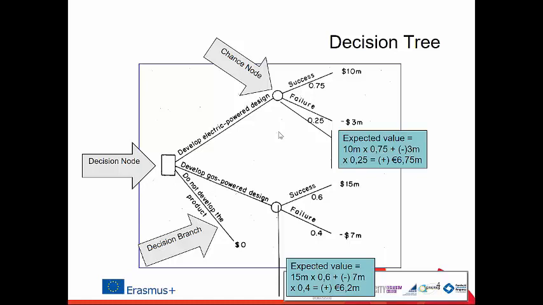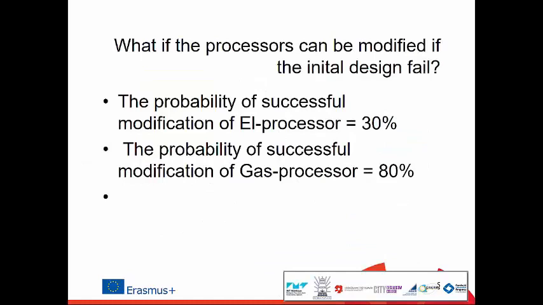So he adds a new decision to the tree, and it adds estimates of success. So if we have a failure, the probability of a successful modification that would bring money to the company is 30% in the case of the electrical processor and 80% in the case of the gas processor.